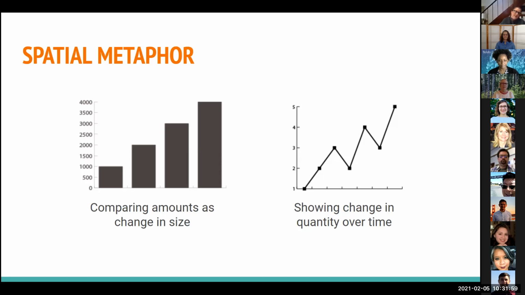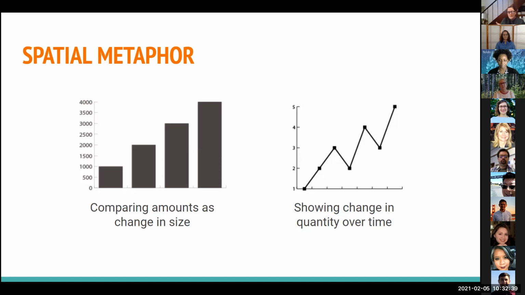On the left here, comparing amounts as a change in size, we're visually representing an idea, and the fact that we have decided that one bar being taller than the other means a change in amount. That's encoding a metaphor, because in our real experience, something that has more in it is going to be bigger. A bag of $100 is going to be one size, and a bag of $1,000 is going to be much larger. So a concrete example there is mapping that experience onto symbols on a page.